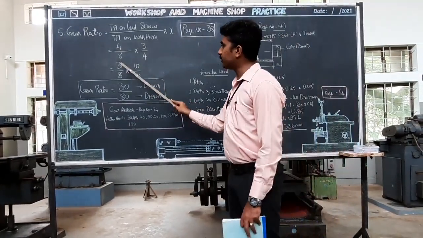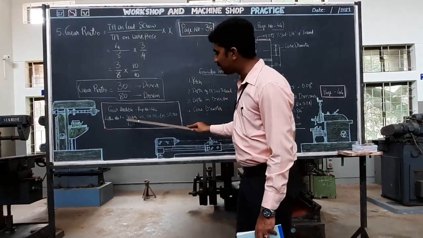So you have to convert this 3 by 8 into these numbers.